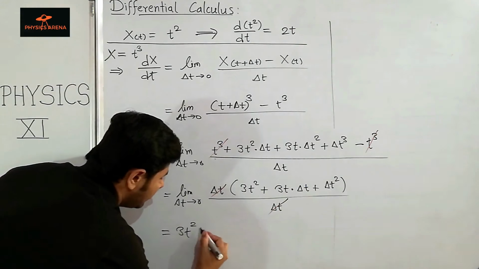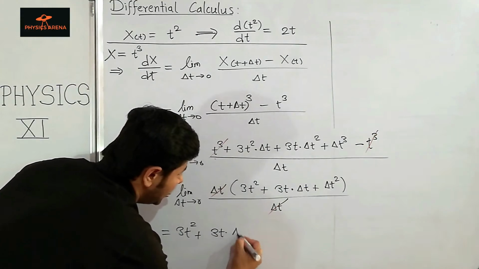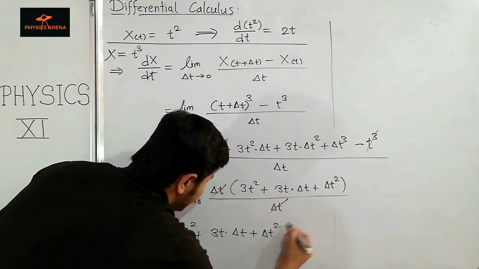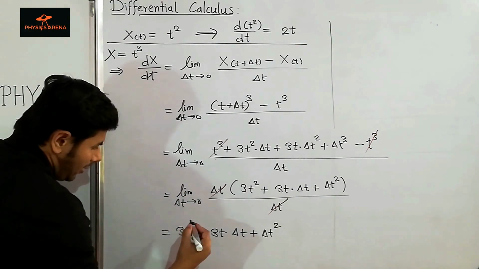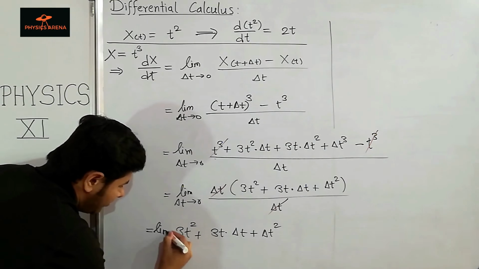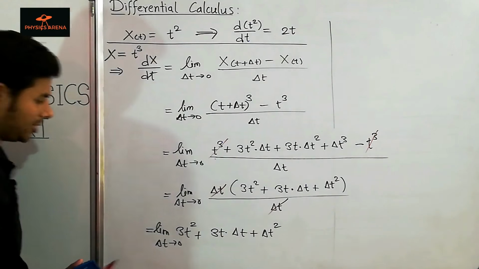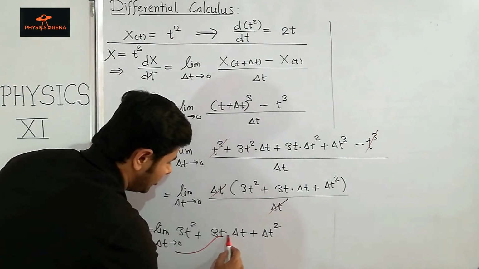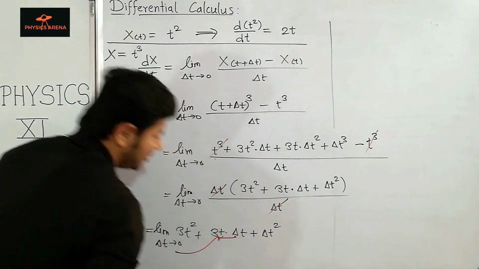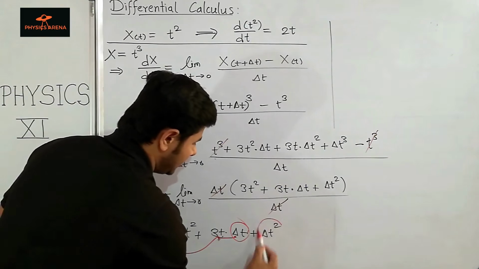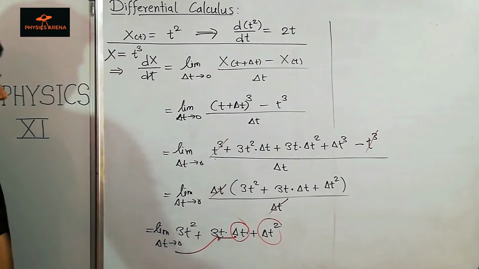So it is 3t square plus 3t times delta t plus delta t square, and in the limit delta t tends to 0. So let's substitute the limit here. So this term becomes 0, this is 0, and this thing is 0 because delta t tends to 0.